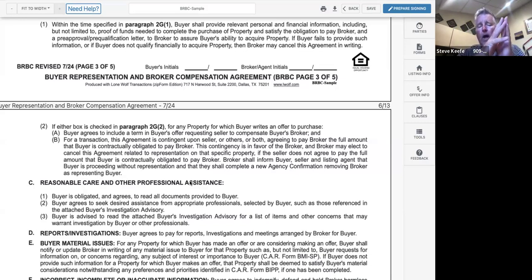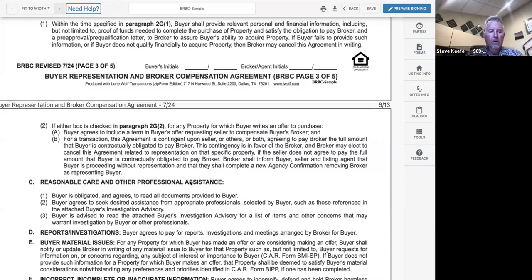It's kind of a weird clause because typically agents are not going to want to do that, but it solves the problem where you're forced to represent this buyer in this transaction gratis, with all the liability that goes along with that, and not be able to be paid. So at that point, it gives the buyer's agent the right to tell the seller that the buyer is going to be proceeding without representation. They're not going to do it for free.